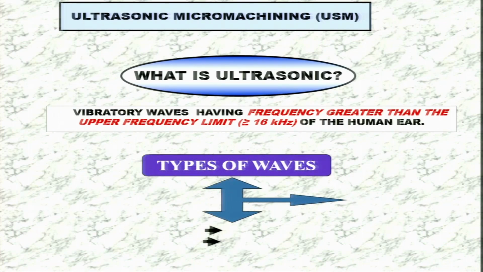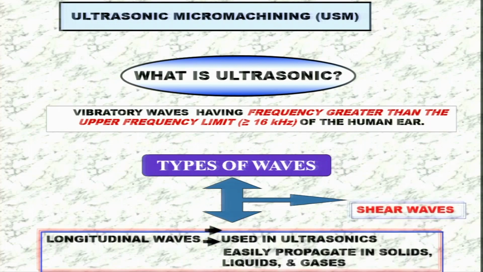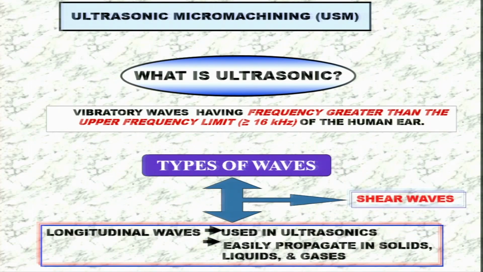There are two types of ultrasonic waves. One is known as the longitudinal wave. They are used in ultrasonics. They easily propagate in solids, liquids and gases. And second are the shear waves.